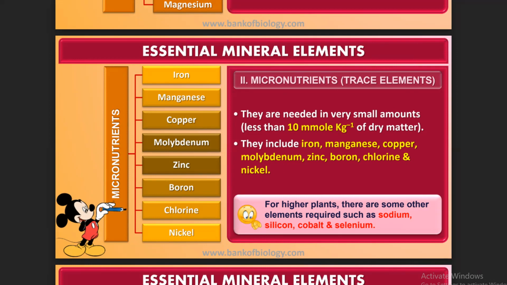For higher plants, there are some other elements required such as sodium, silicon, cobalt, and selenium, depending on the availability. Like some plants you can find gold or selenium in their roots, and some you can find radioactive substances in their roots, depending on the availability there.